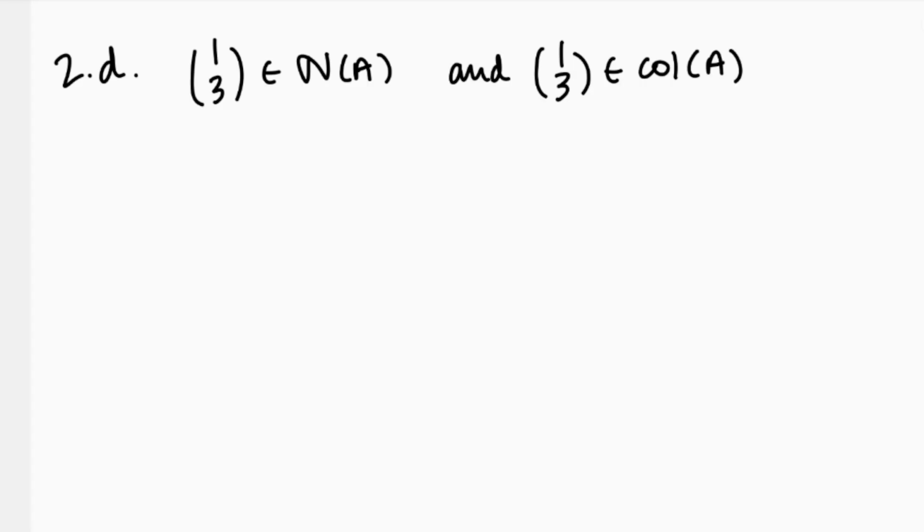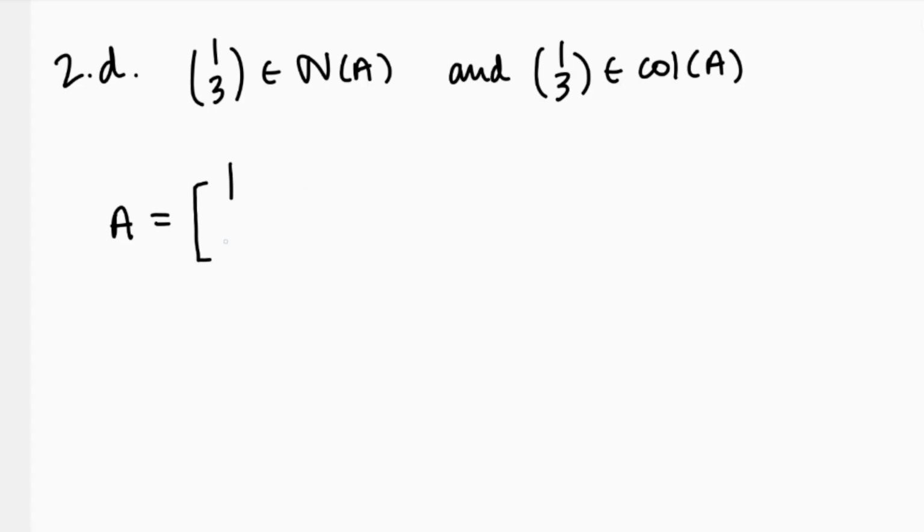So I'm going to think about it: if a null vector has 2 components in it, that means A has to have 2 columns. And if 1, 3 is in the column space of A, that means the columns need to have 2 components in them. So it's going to be a 2 by 2 matrix.